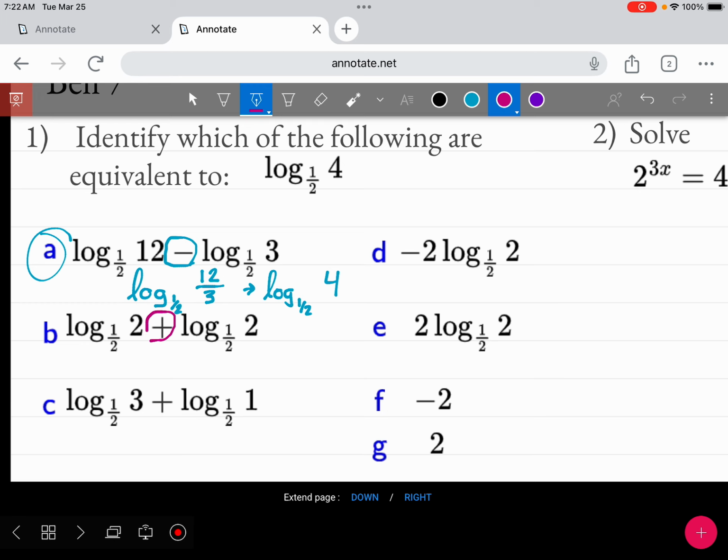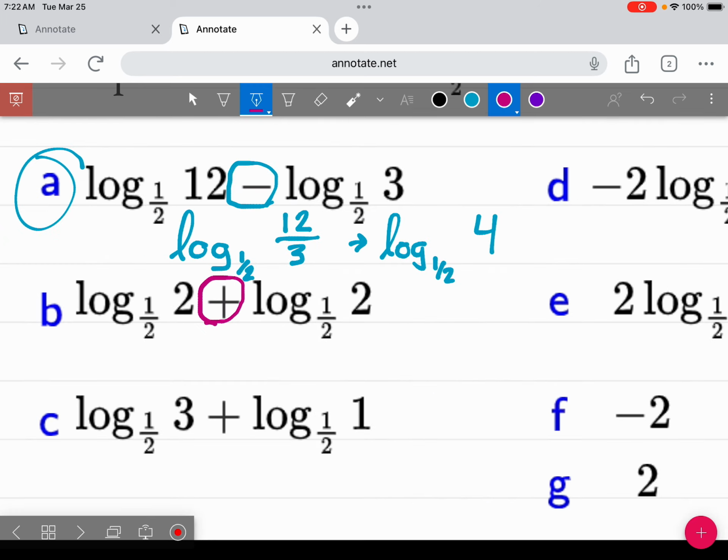What if we did it with the plus? What does the plus turn into when we condense it down? Multiplication. So this would be our log base 1/2 of 2 times 2. 2 times 2 gives us 4. So log base 1/2 of 4.